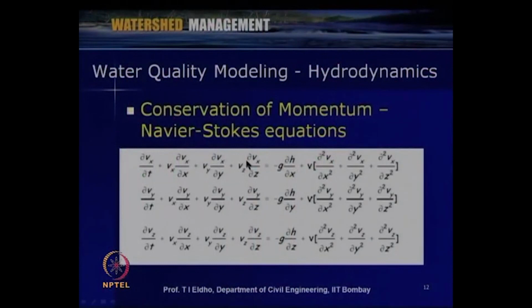The modeling can be 3 dimensions, 2 dimensions or 1 dimension, depending upon the various considerations with which we are trying to model the system. So, the solutions of these continuity and momentum equations give the variations of the velocities and the depth or pressure variations within the flow domain.